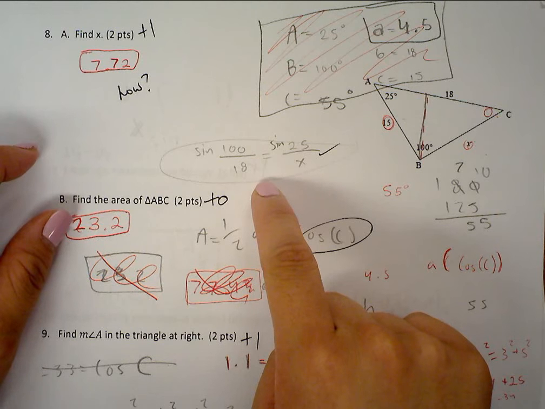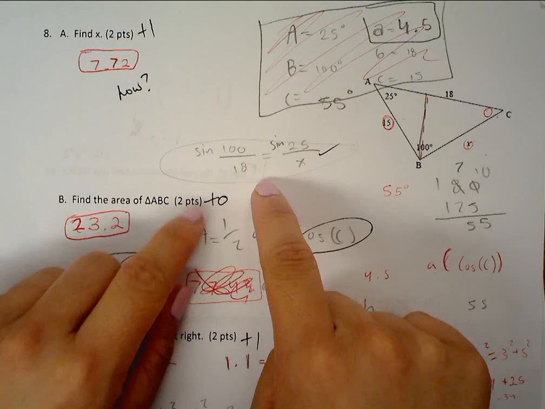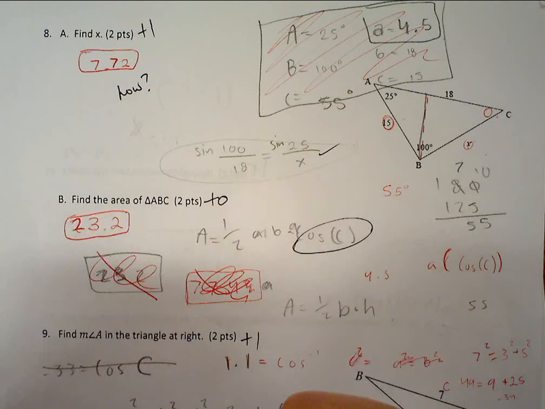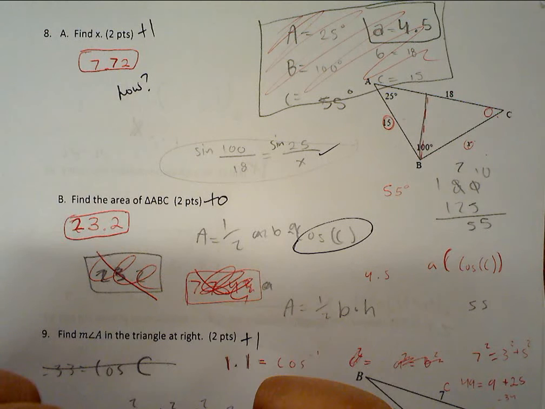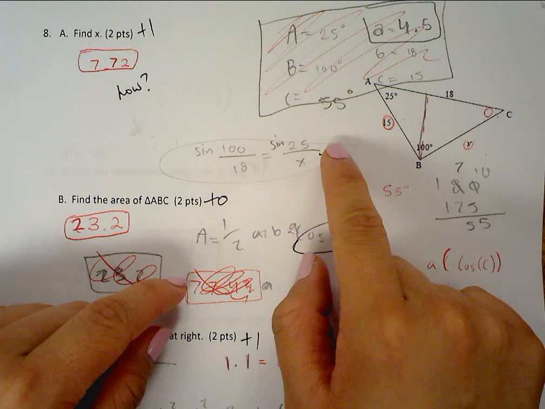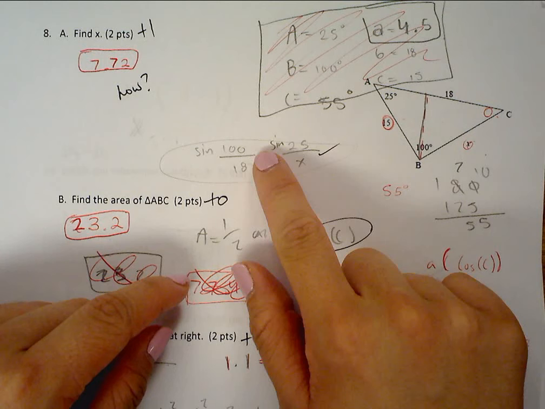How did he get the answer? She just went over it. But I'm saying, how did you do it? You divide sine 25 on each side. Oh, so you did an extra step.